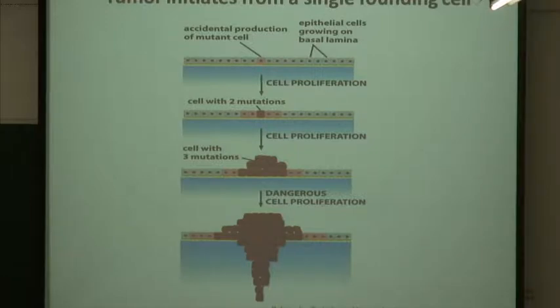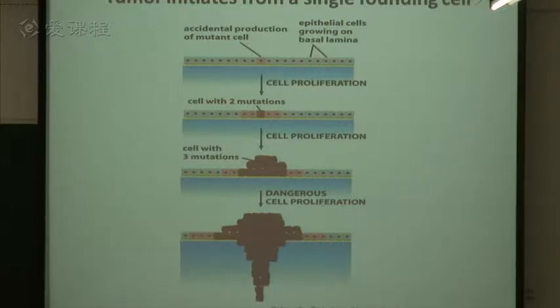As shown here, this cell by accident acquires a mutation in the epithelium, and this cell will proliferate, and then it will acquire another mutation, and this mutation will foster cell division and proliferation. In repeated rounds of mutation and proliferation, the cell acquires more mutations and gains more proliferation advantage, in the end forming malignant tumor cells that dominate the tumor mass. This is the process of tumor clonal evolution.